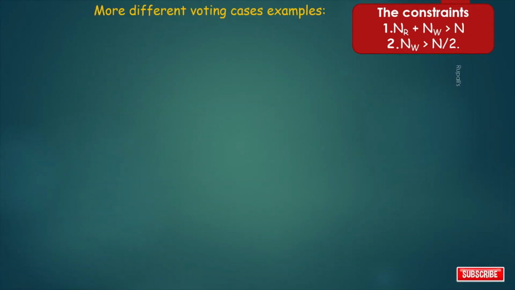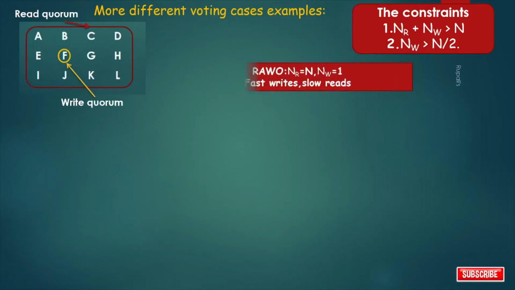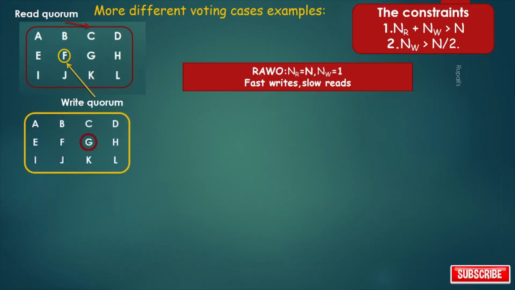Now consider some different cases. Here the read quorum is 12 and the write quorum is 1. So we can say that nr equals n, that is 12, and nw equals 1. That is read all, write once. So fast writes because nw equals 1, and slow reads. Take another case.